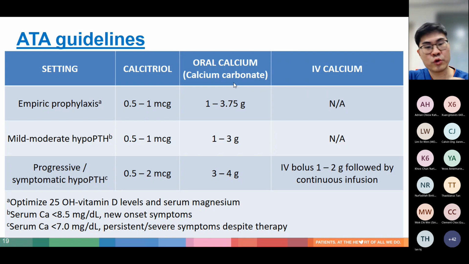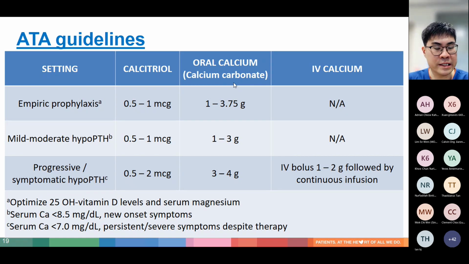So we fall back to our gold standard, the American Thyroid Association, which has come up with hundreds of pages of guidelines, and this is their recommendation for managing hypocalcemia after thyroidectomy.